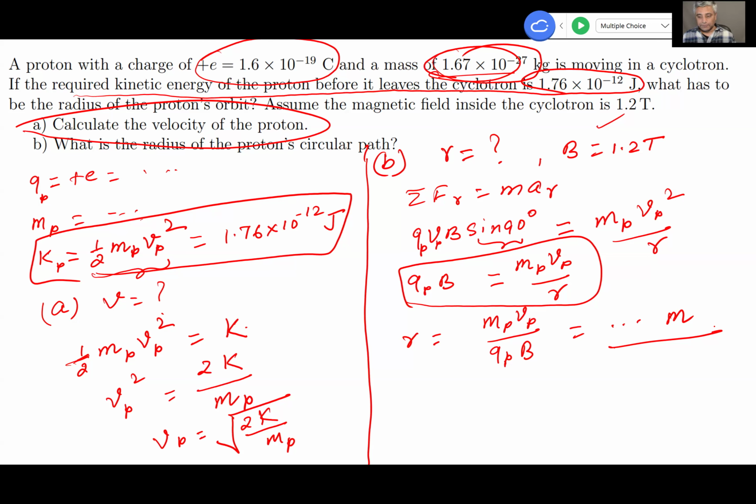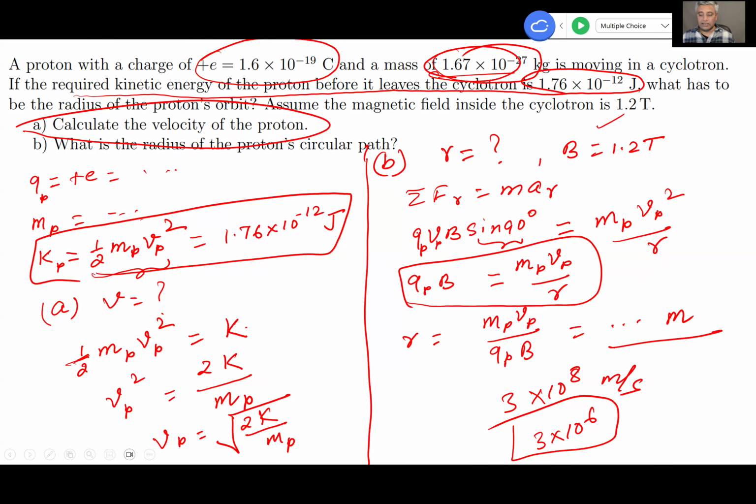But if those numbers are realistic, it shouldn't be faster than the speed of light, which is 3 times 10 to the power 8 meters per second. Usually the speed of these protons is on the order of 10 to the power 6. So if you are somewhere there, it should be fine. It is done in the notes as well, so check that.